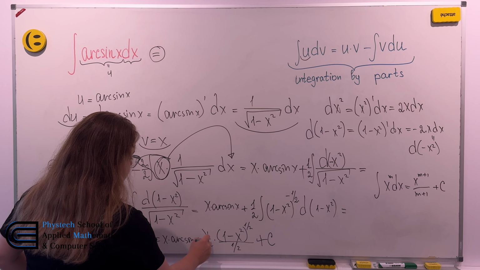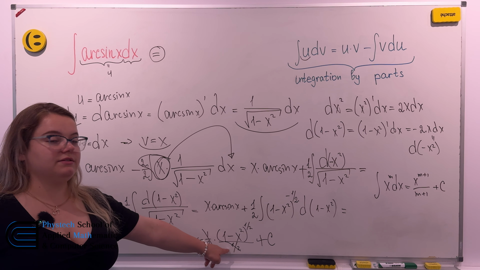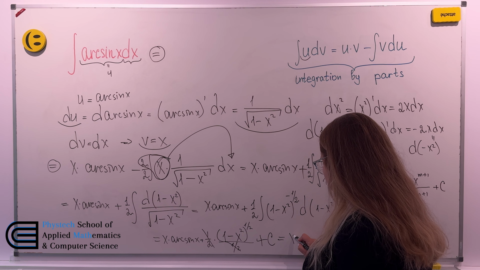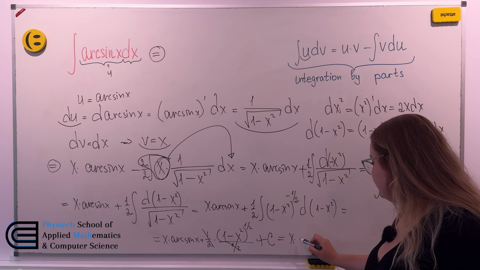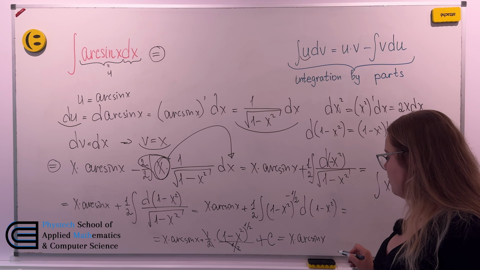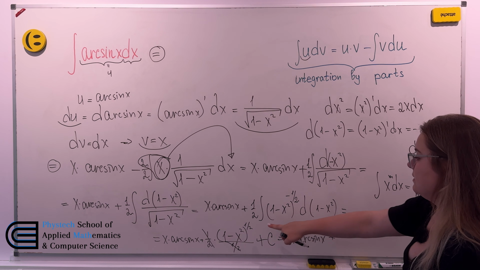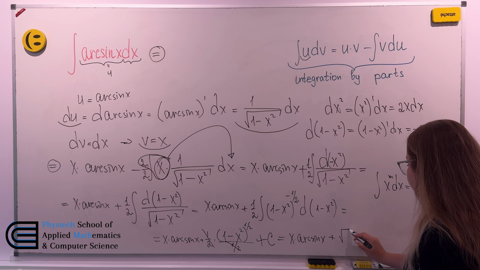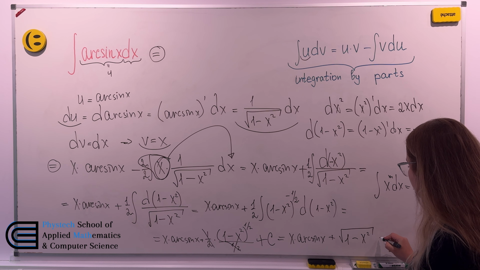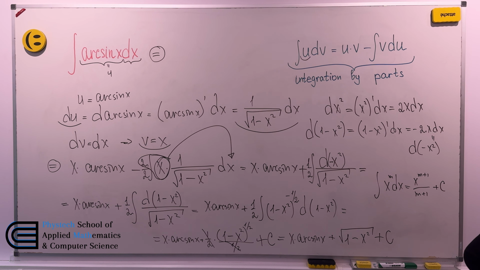And we can cancel 1 divided by 2 here, and as a result, we will finally obtain x multiplied by arcsin of x plus square root of 1 minus x squared plus a constant from the real numbers.